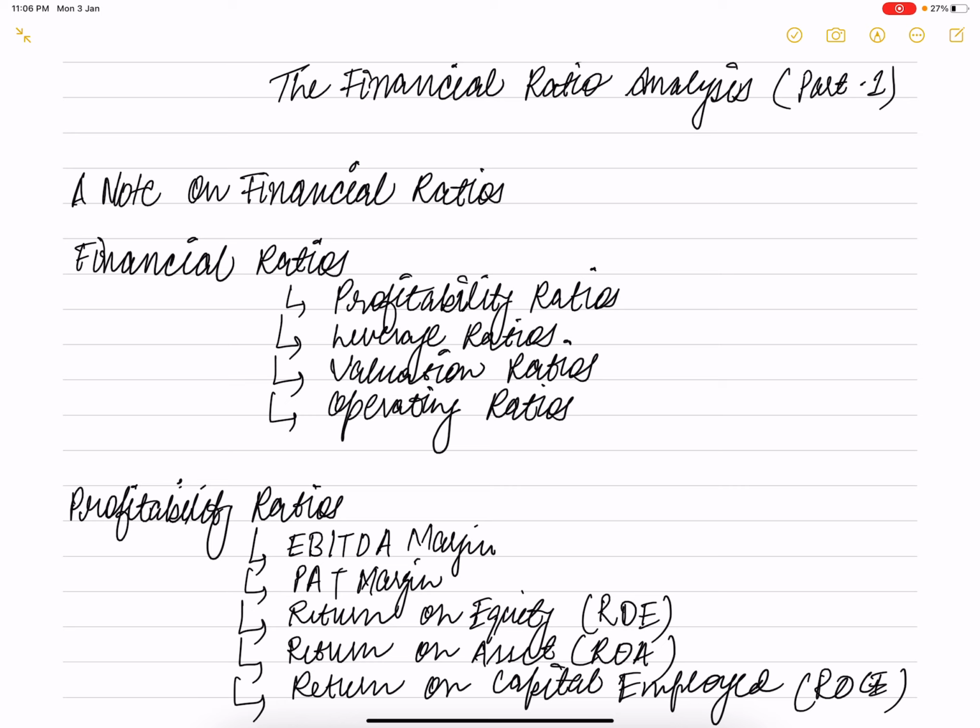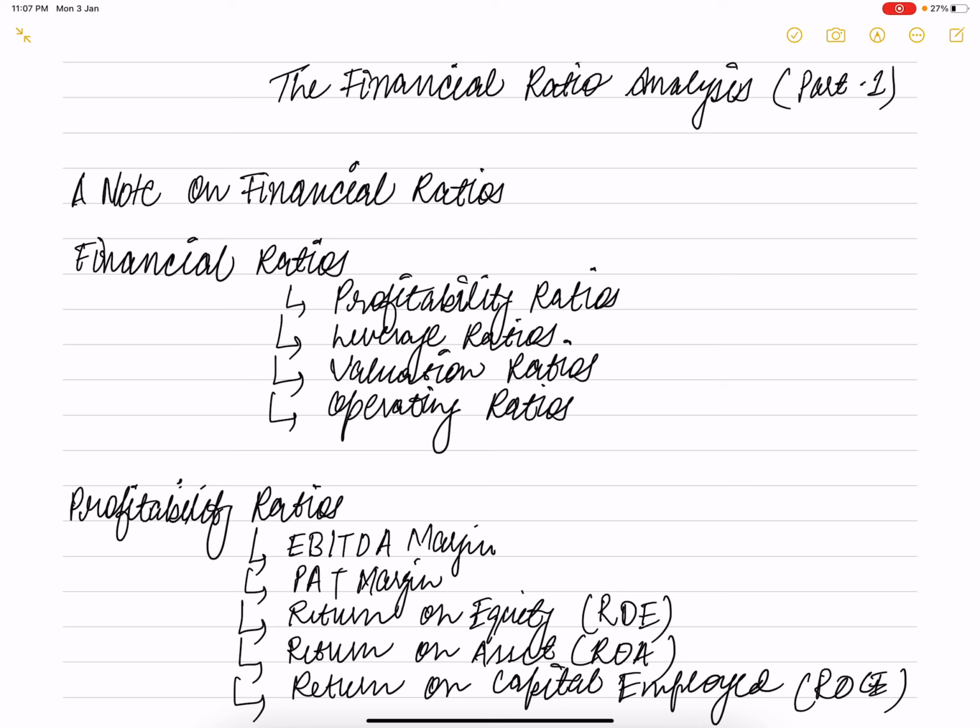This is earnings before interest, tax, depreciation and amortization margin. It indicates the efficiency of the management. It tells us how efficient the company's operating model is. EBITDA margin tells us how profitable the company is at an operating level. It always makes sense to compare the company's EBITDA margin versus its competitors to get a sense of the management's efficiency in terms of managing their expenses.